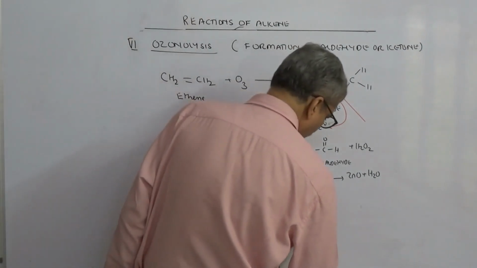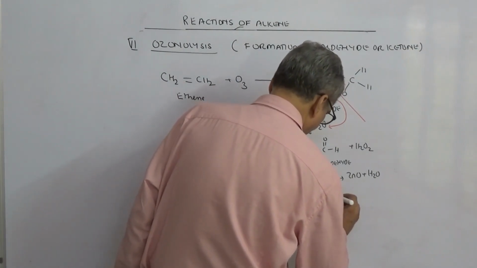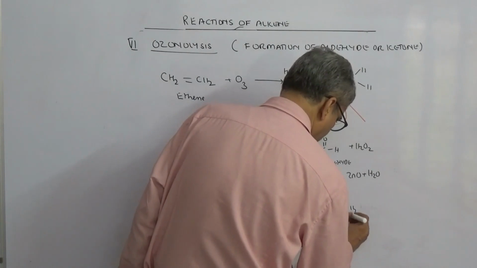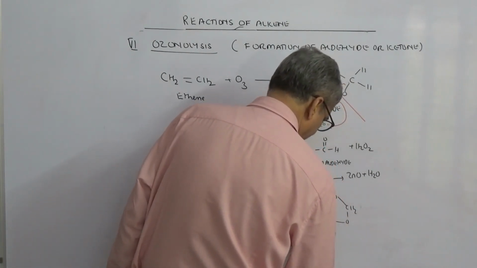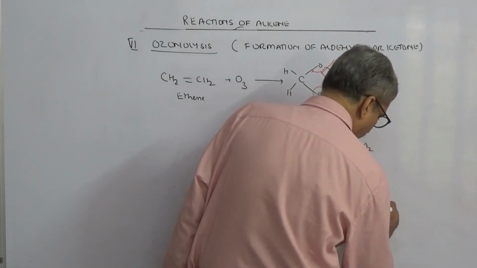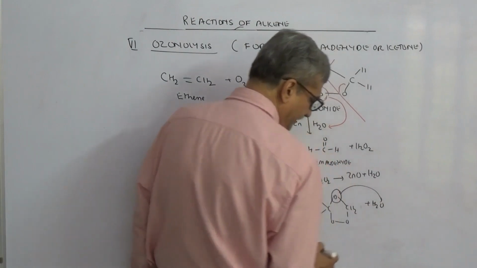So the structure of the ozonide will be CH3 C O CH2 O CH3. So when I react with water, this oxygen will come over here.